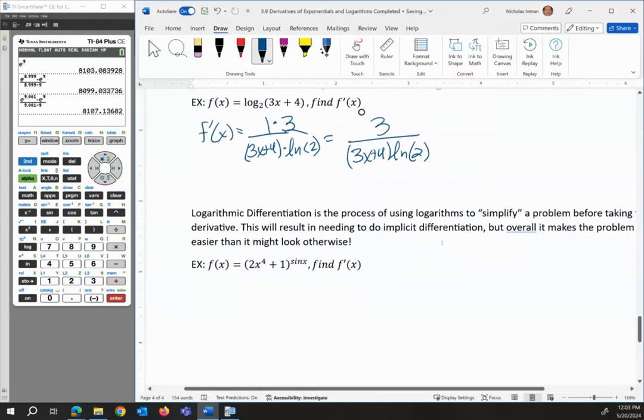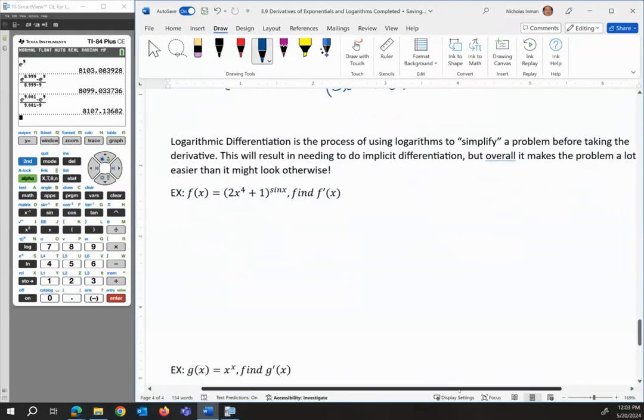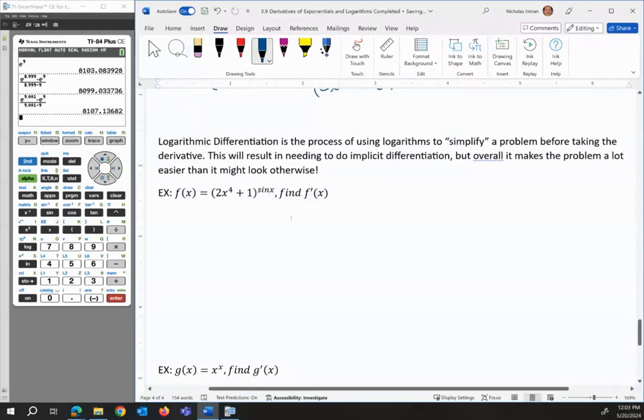All right, so one really nice thing about logarithms is that we can then do this thing called logarithmic differentiation. To do this type of a derivative, we have this thing to this power, and this power is weird. The power here is a function, not just an exponent.